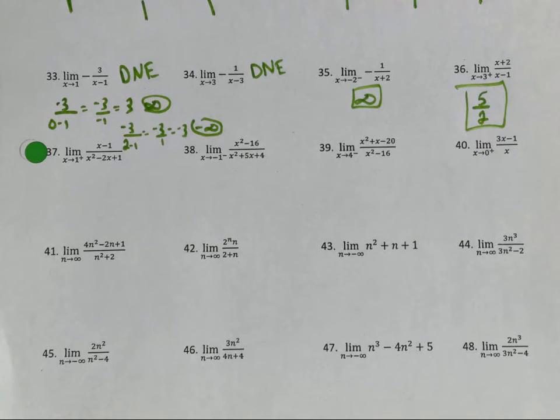39 is 9/8, because when you plug in 4, okay, 4x. You're going to cancel them out. 1 over x. You've got to take the value to the what?